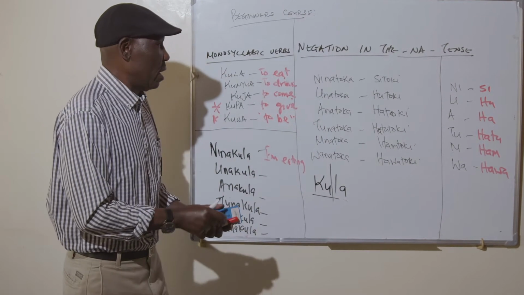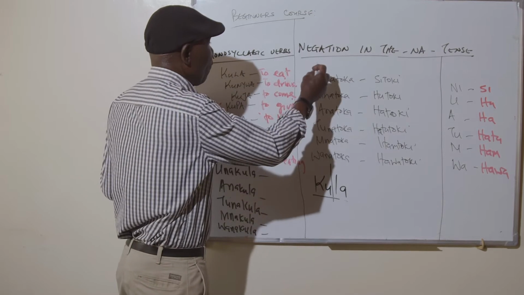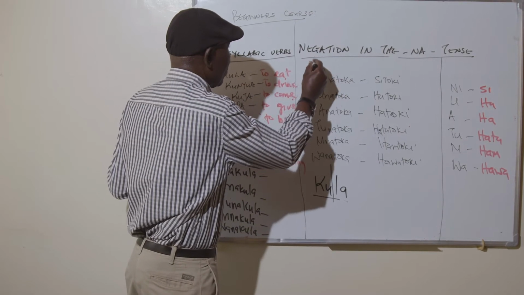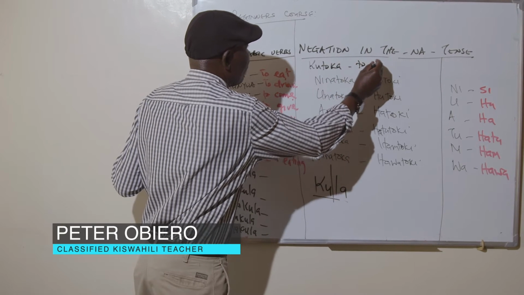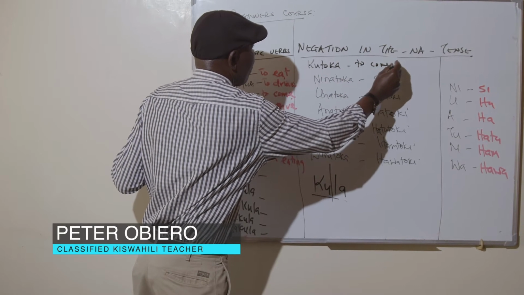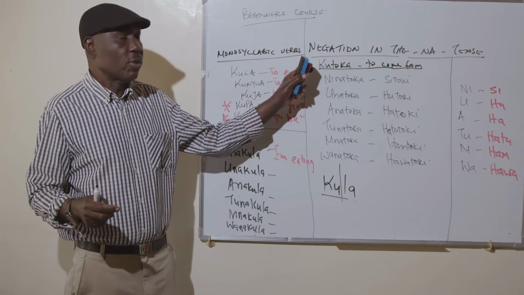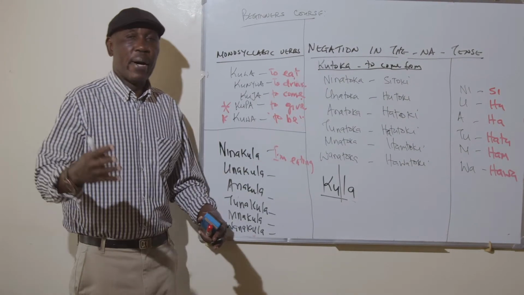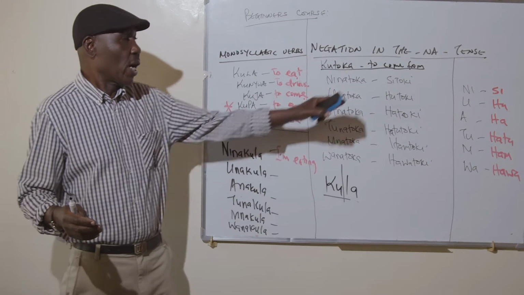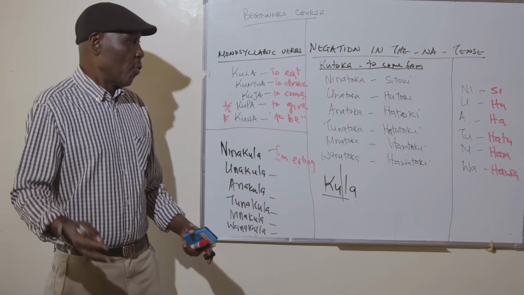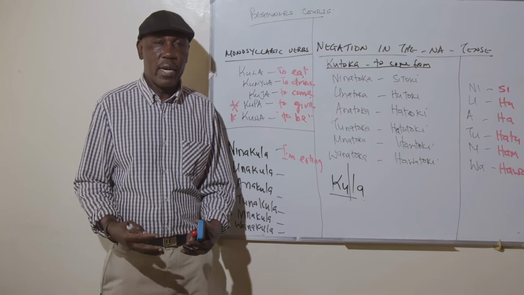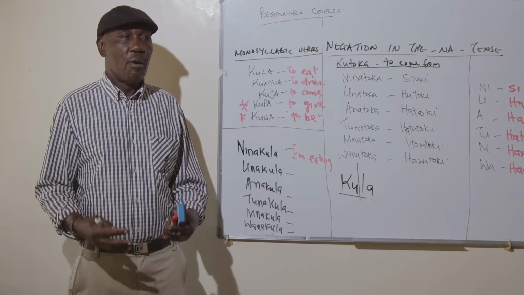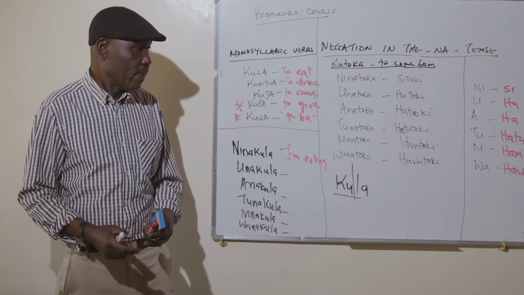And toka, remember, is the verb to come from. Kutoka is to come from.